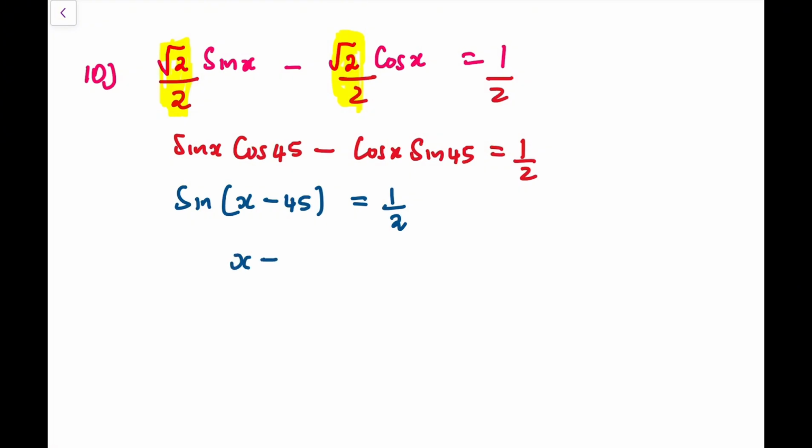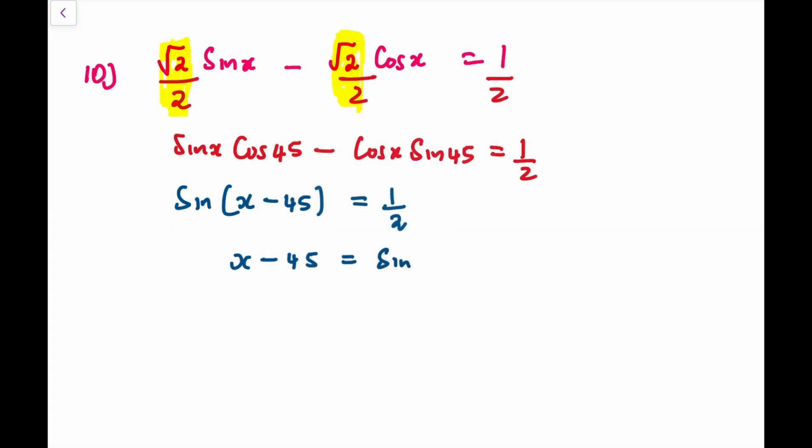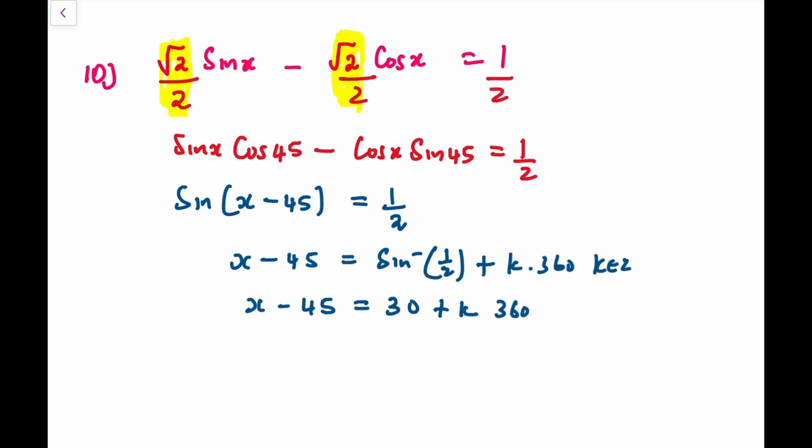So we are going to have x minus 45 is equal to arc sine of 1 over 2, and then plus k multiplied by 360, where k is an element of all integers. Now, arc sine of 1 over 2 is 30, plus k multiplied by 360, k is all integers.